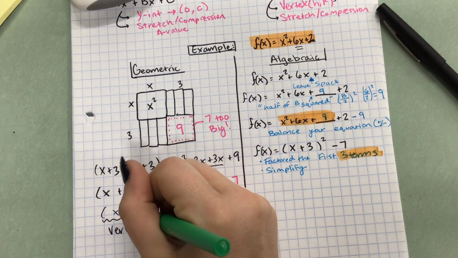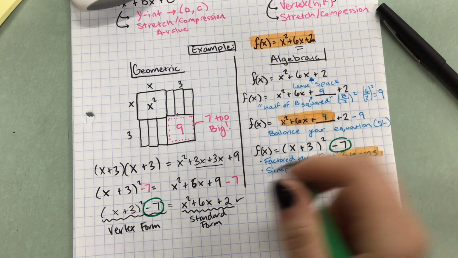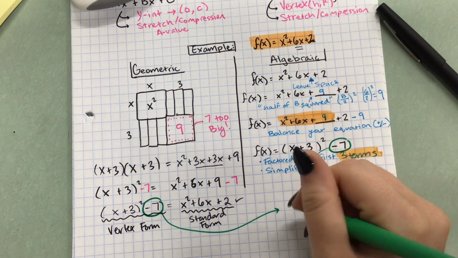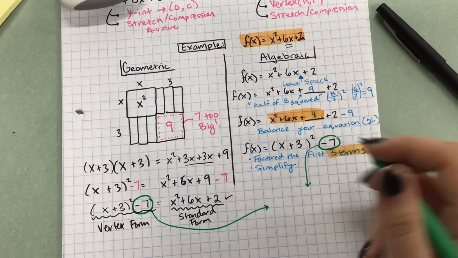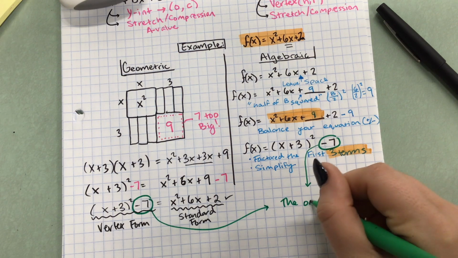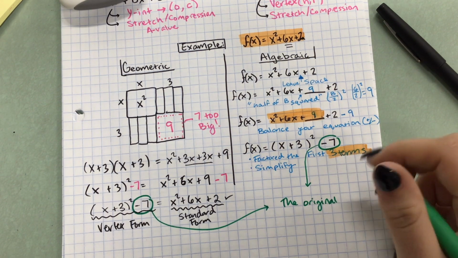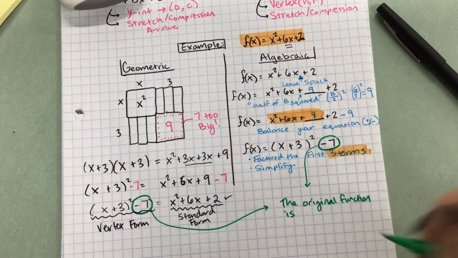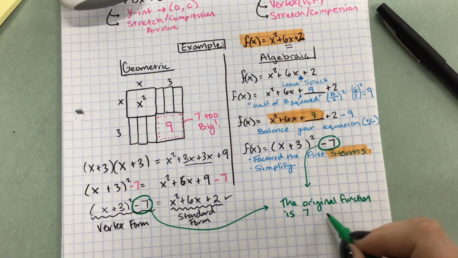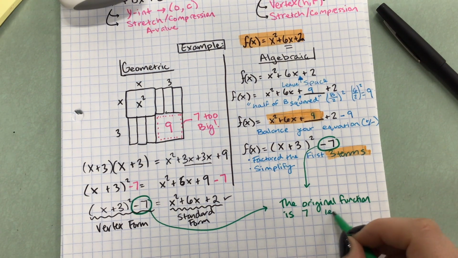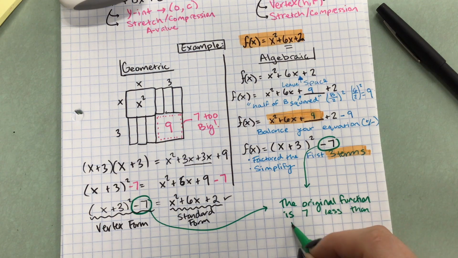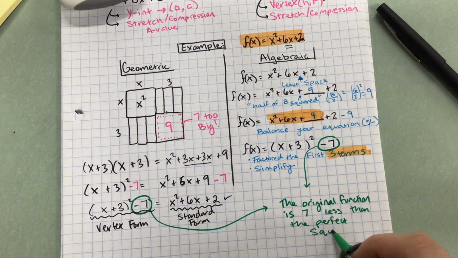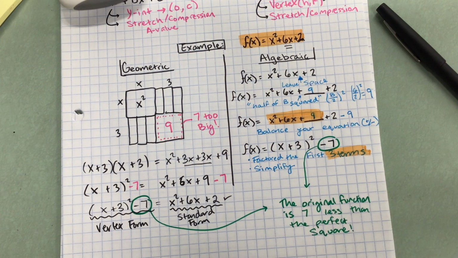So this minus 7 here and this minus 7 here is just telling you the original equation, I'm going to say the original function instead, is 7 less than the perfect square. And that's it.